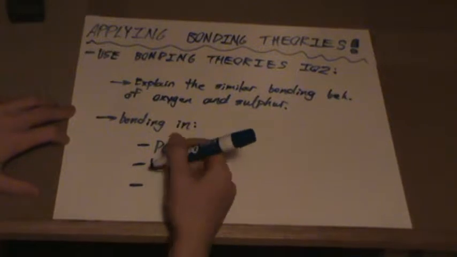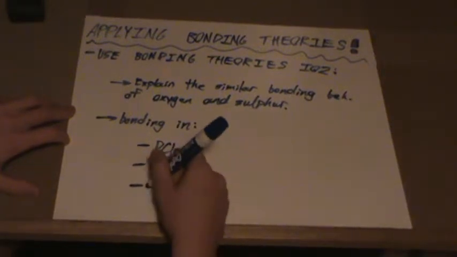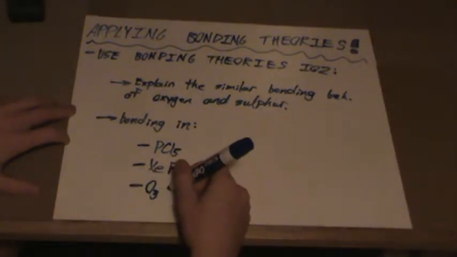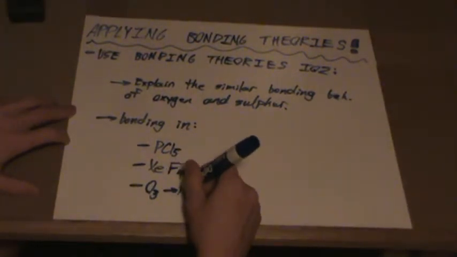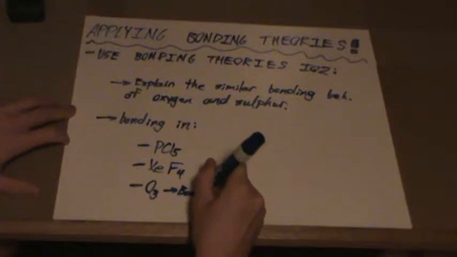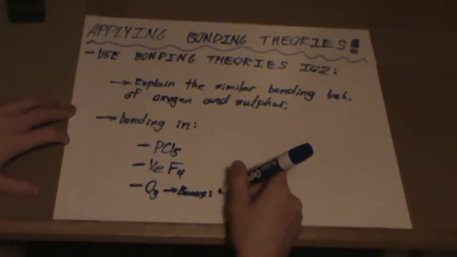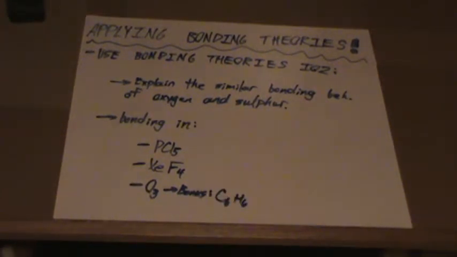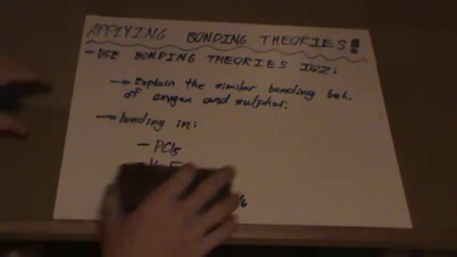And then finally we will be explaining the delocalization in O3, and maybe if we're lucky we might do a bonus of this organic molecule, very, very famous, called benzene, which is C6H6.